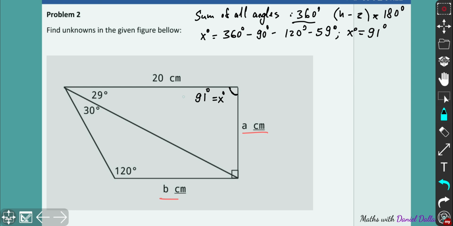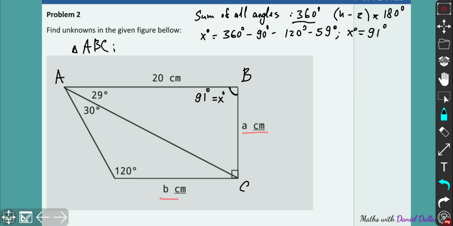Okay, so let's consider that small triangle, the top one. Let's set up the letters A, B, and C, and consider triangle ABC. It's not a right angle, so we cannot apply basic trigonometry. However, we can apply the sine rule.